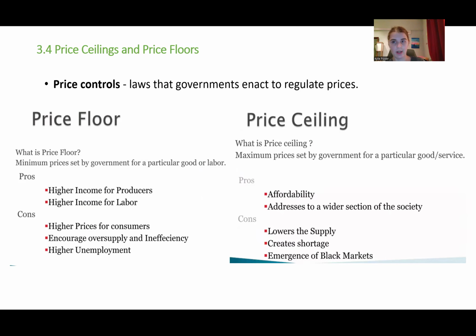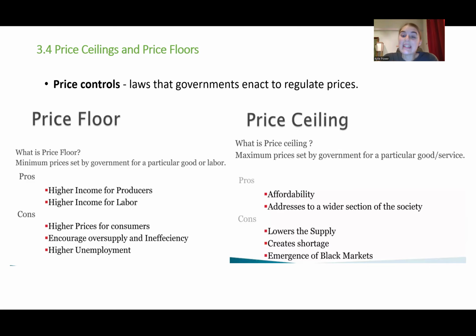And usually it can also have some form of higher unemployment. That's something we'll talk about way later when we talk about marketplaces. Because if that price floor is set above equilibrium, then it's going to cause unemployment. But we're focused on goods right now, goods market.